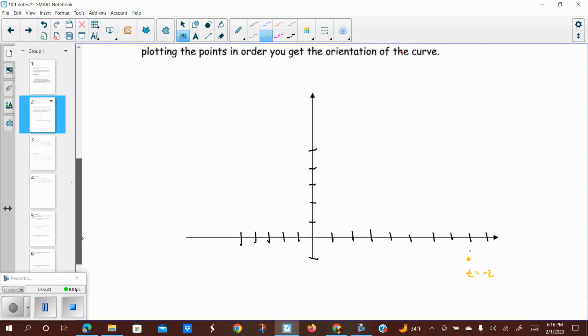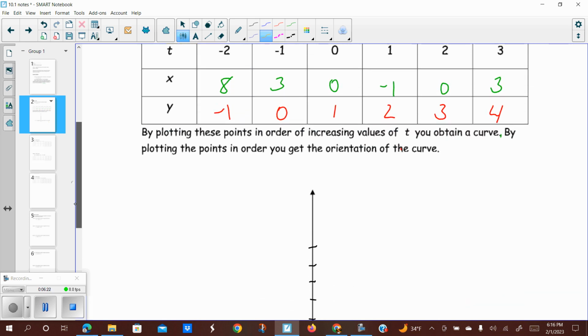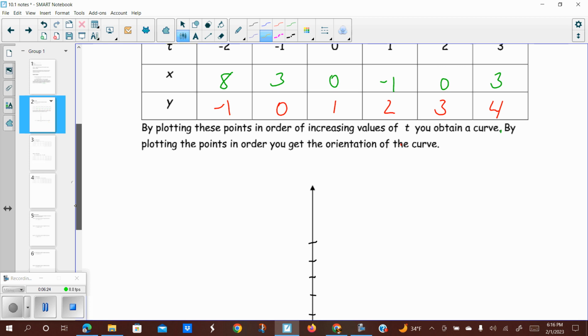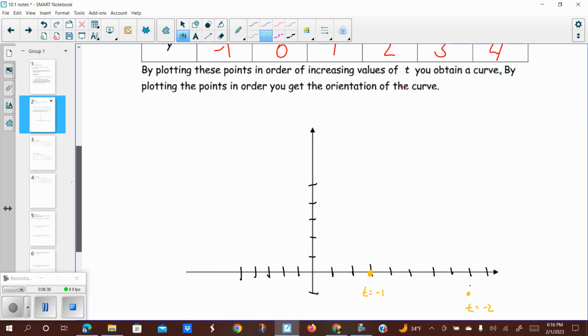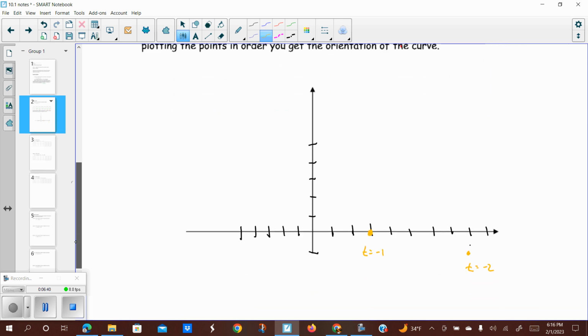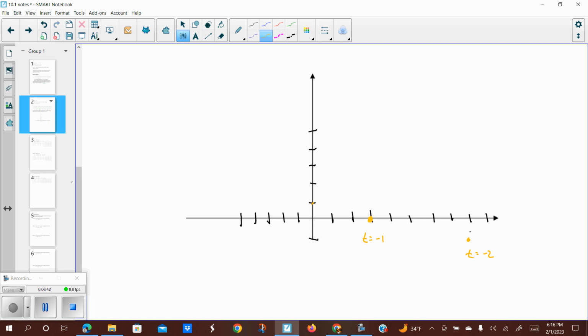Okay, let's take a look at the next point, which is the point (3, 0) when t is -1. 1, 2, 3, 0, when t is -1. Our next point is (0, 1). That's when t is 0. (0, 1) right here. That's at t equals 0.